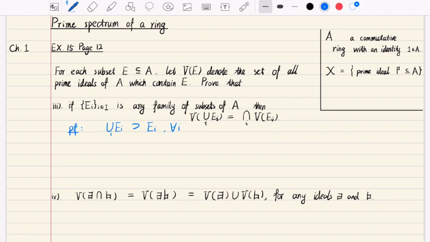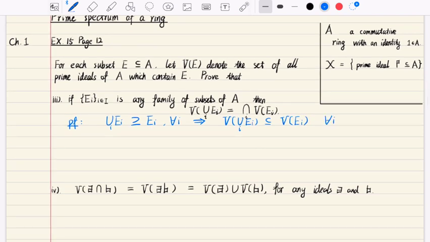Then, since V is order-preserving, we will have the V of the union is contained in the V of E_i for each i. So it must be contained in the intersection of all these V(E_i).